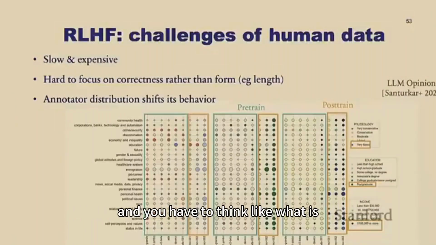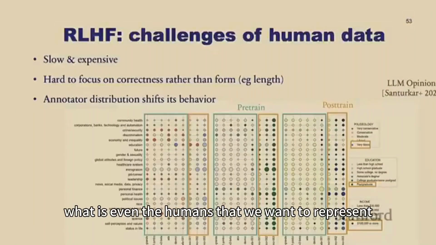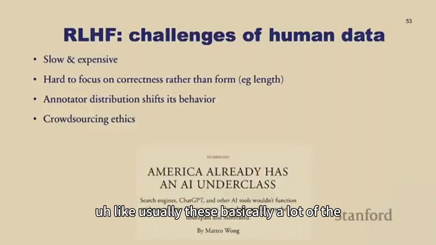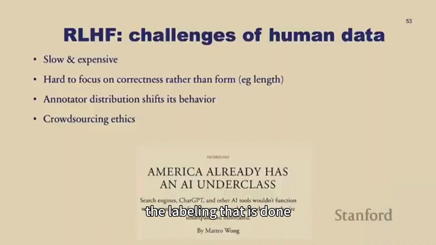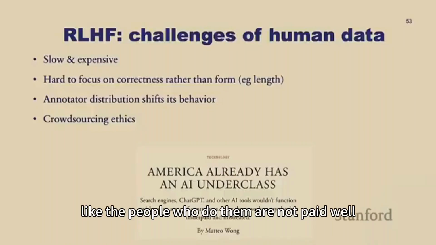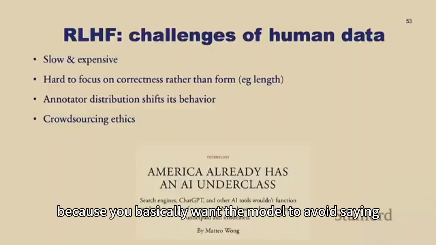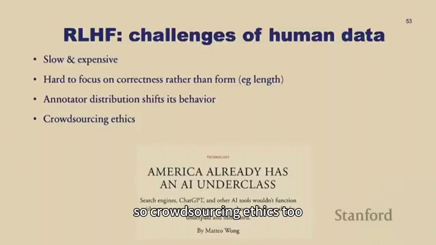You have to think about what humans we even want to represent in these models. Then there's the question of crowdsourcing ethics. A lot of the labeling that is done is by people who are not paid well, and they have to go through a lot of toxic data because you want the model to avoid saying toxic things. So, crowdsourcing ethics too.